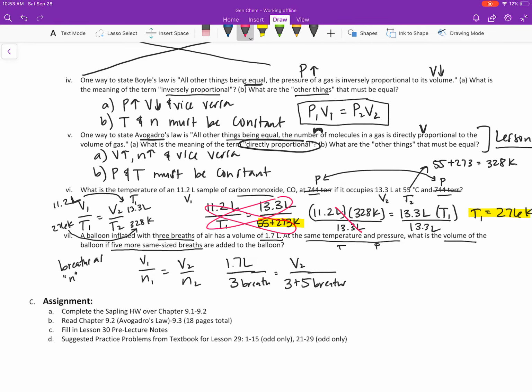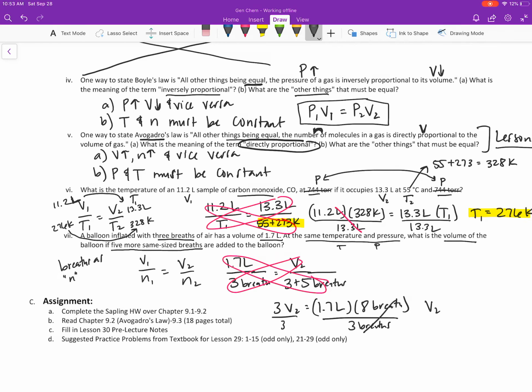So then I'm going to do the butterfly method. And then I'm going to divide both sides by 3 after I multiply the 2 on the right. And this is going to cancel out the number of breaths.